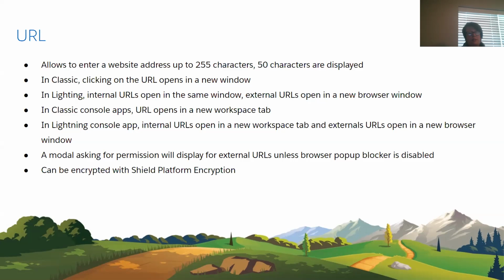And along a similar vein, in Classic console apps, your URL opens in a new workspace tab, but in the Lightning console app, internal URLs open in a new workspace tab and external URLs open in a new browser window. When you're clicking on an external URL, you will see a modal asking for permission unless you disable your browser pop-up blocker, and a URL field can be encrypted with Shield platform encryption.